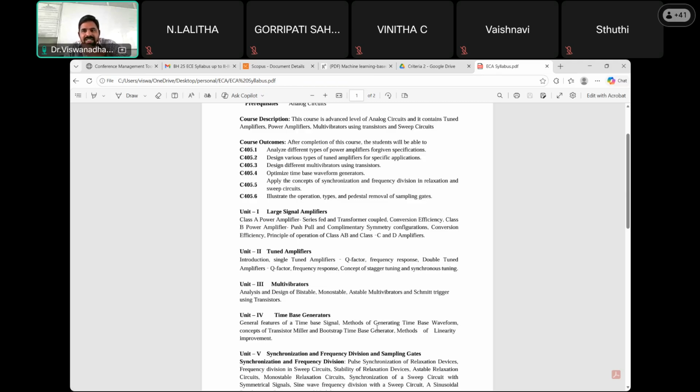For astable, what are the coupling elements? Capacitors. For monostable, resistor and capacitor. For bistable, resistors.